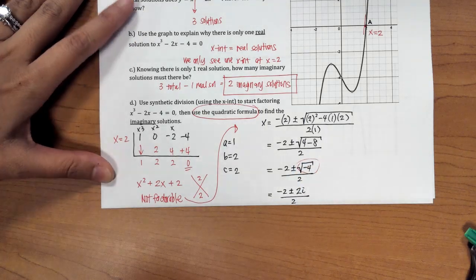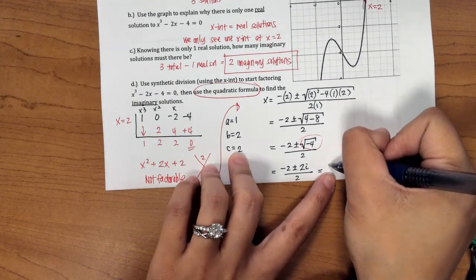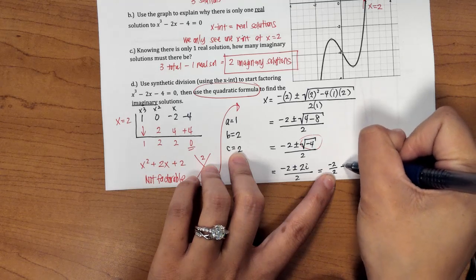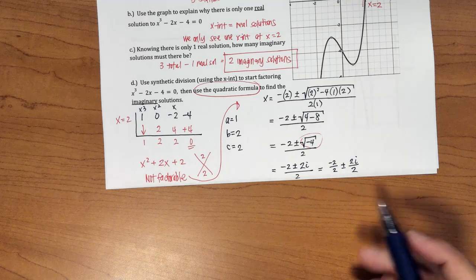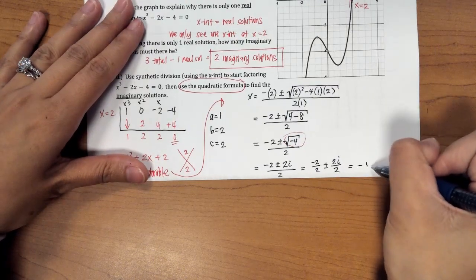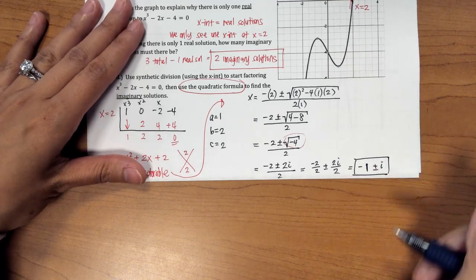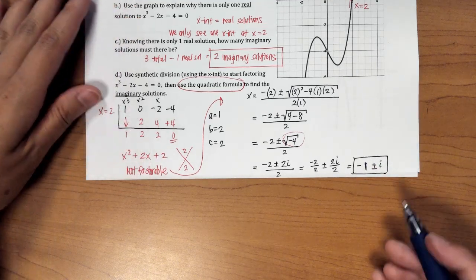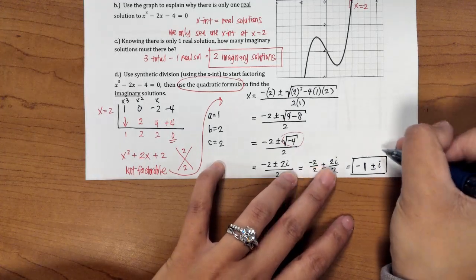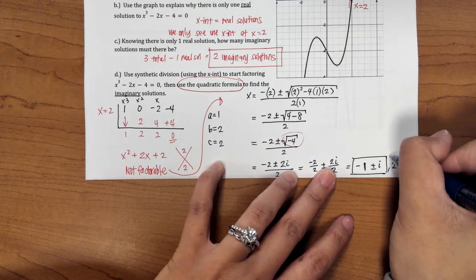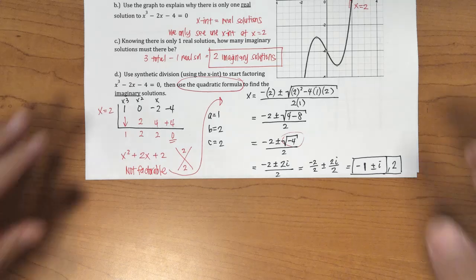Okay, so once we have this, we're going to split and rewrite this as a fraction, because this helps us realize that we can reduce each fraction, which gives us negative 1 plus or minus i. Okay, so those are my two solutions, and then I have one more, which is 3 solutions. Okay, let's keep going.